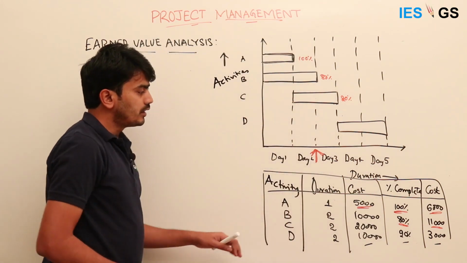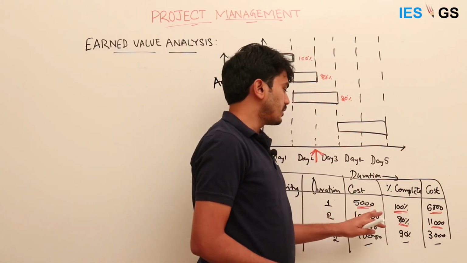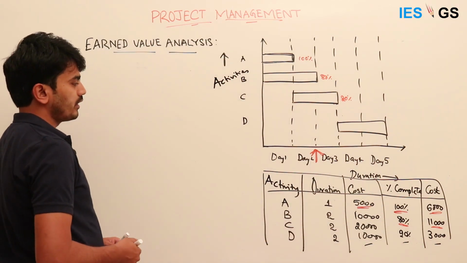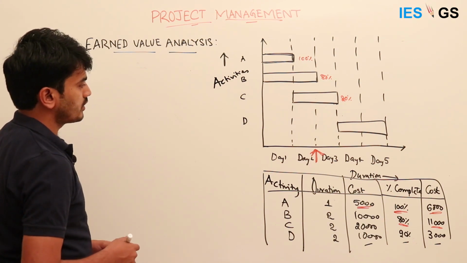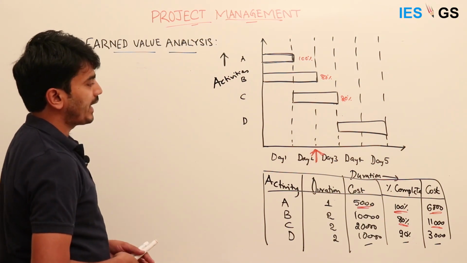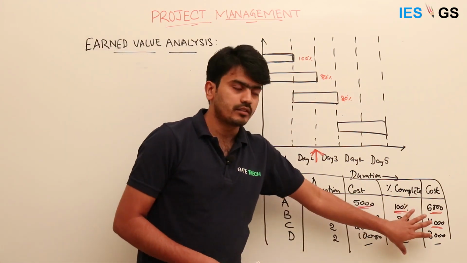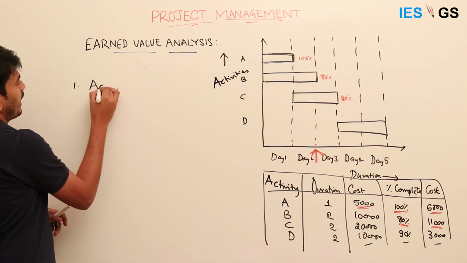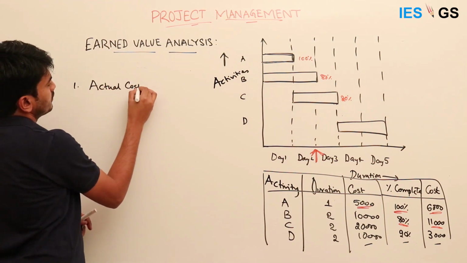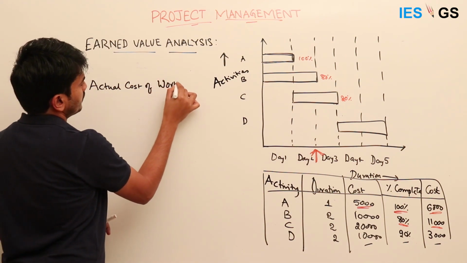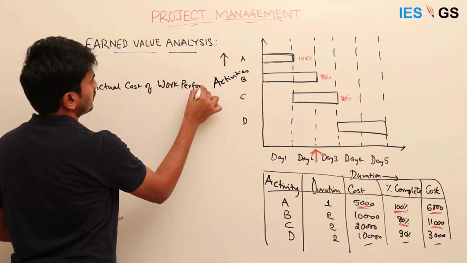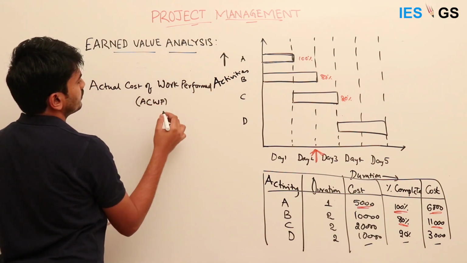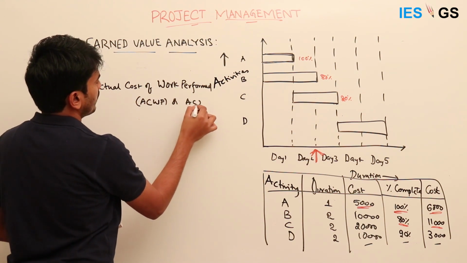If you observe, at the end of day 2, the actual cost versus the planned cost, based on this data, we can create some parameters which can capture this data. The first one is the actual cost of work performed, also referred to by the short form ACWP or AC, nothing but actual cost.